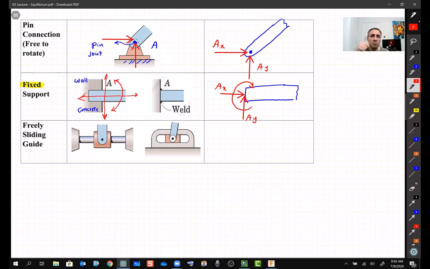We said a couple is a pure moment. It's a turning force, basically, right? And we call this one MA, all right? So these are the reactions. If somebody wants to bend this beam or rod or whatever it is, or rotate it, then there's going to be a reaction MA.